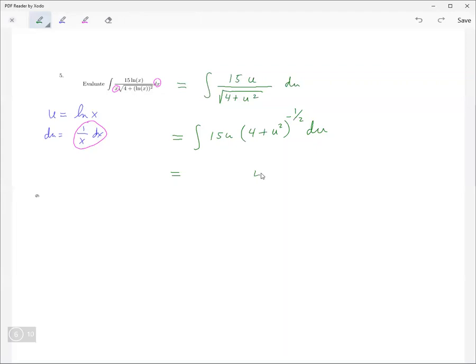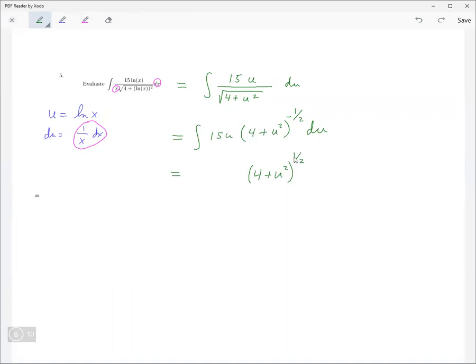Now take this part right here. You can see that the derivative of this inside part is 2u, and there's our u. So this is how you want to proceed. Raise this by 1 power. Now, if you take the derivative here, you're going to have a 1/2 come down, and you're going to have a 2u come out.